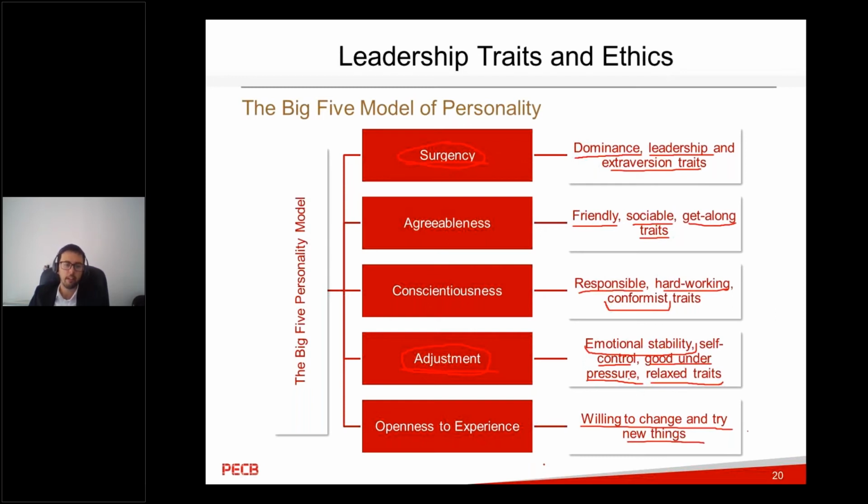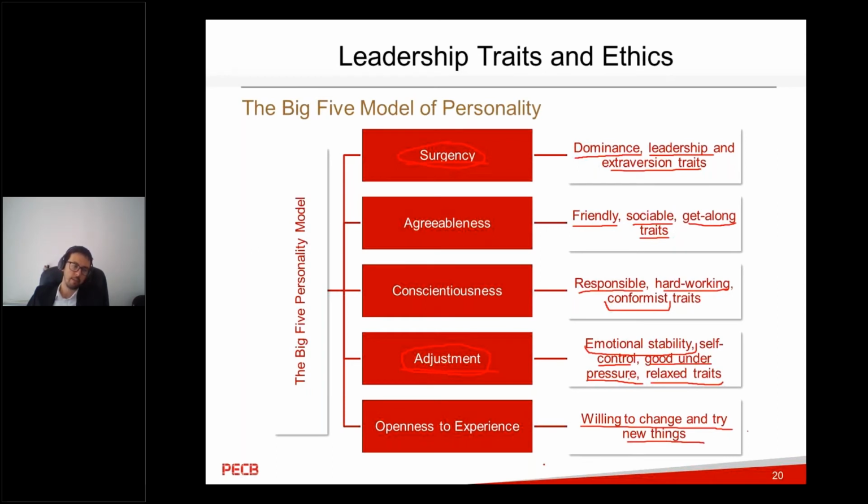Obviously, we tend to relate openness to experience to leadership potential as well. So as you can see, not only openness to experience, but most of these personality traits are in a way related to leadership as well.